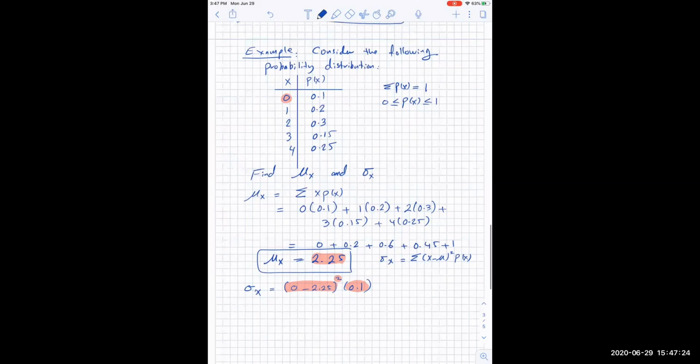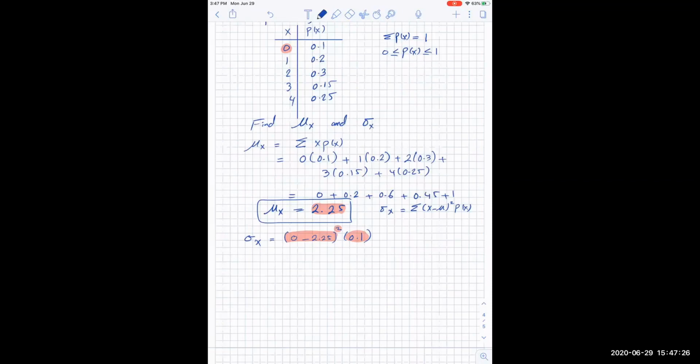So let's continue. Plus the next value of x is 1, subtract the mean, 2.25 squared, and then times the probability of 1, which is 0.2.